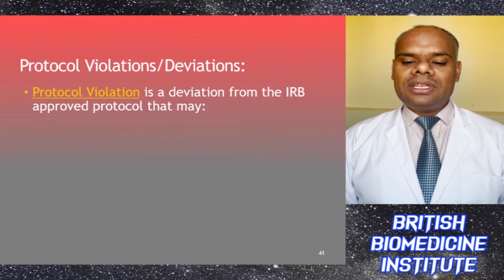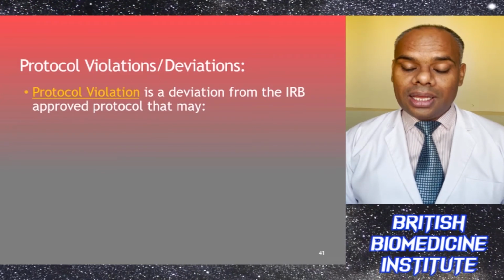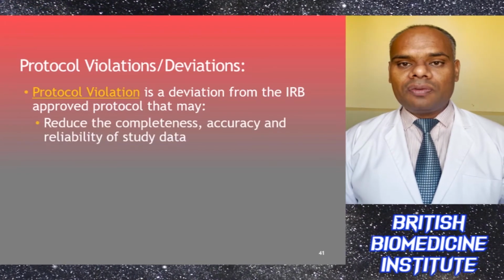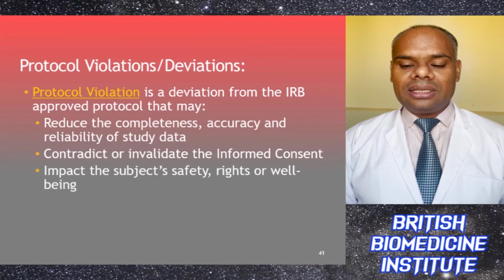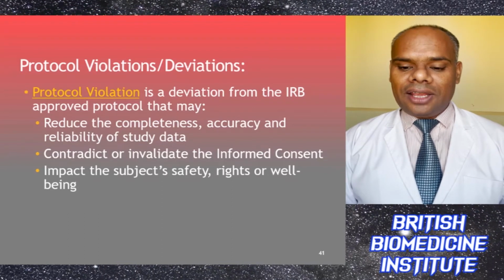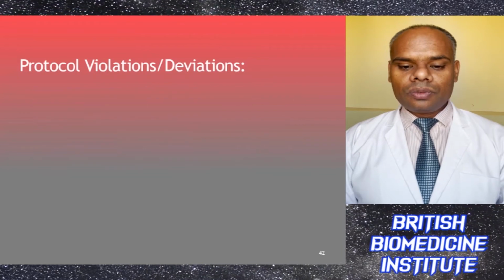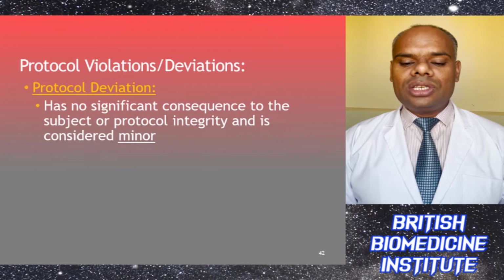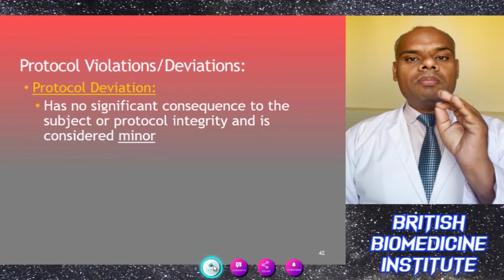So a protocol deviation is basically a deviation from the IRB approved protocol which may reduce the completeness, accuracy and reliability of the clinical study. It can contraindicate and invalidate the informed consent, and it can impact the subject's safety, rights and well-being. A protocol deviation has no significant consequences to the subject or protocol integrity and is considered minor.